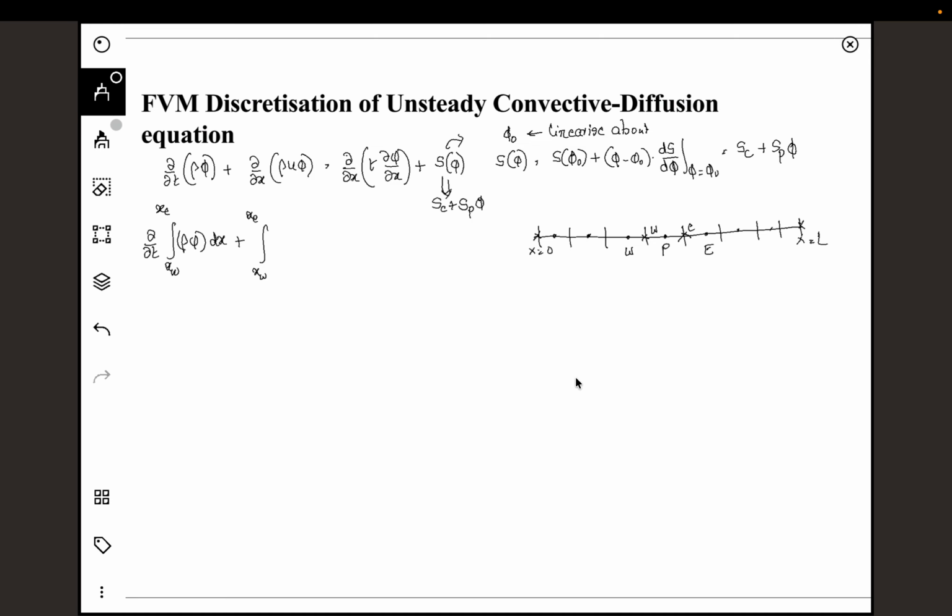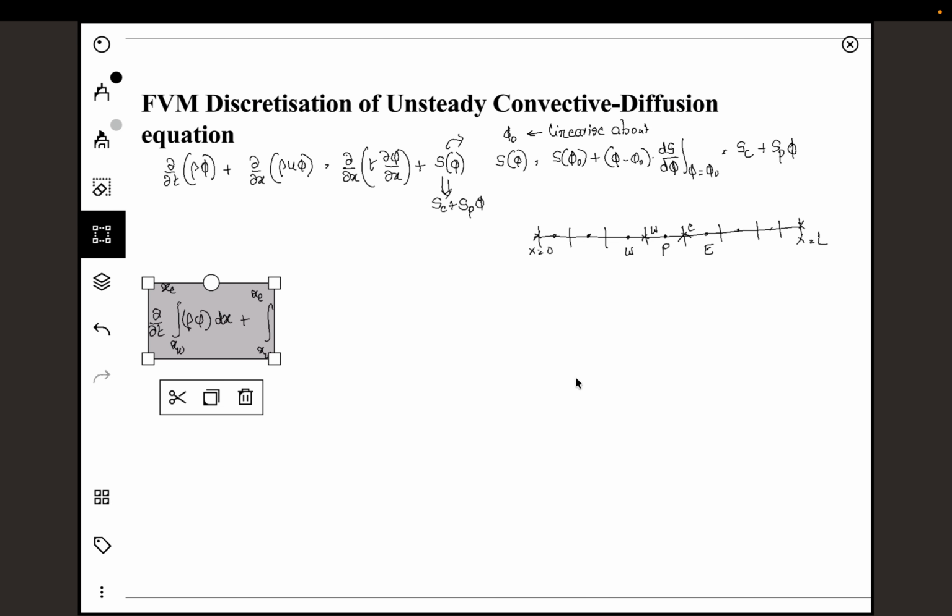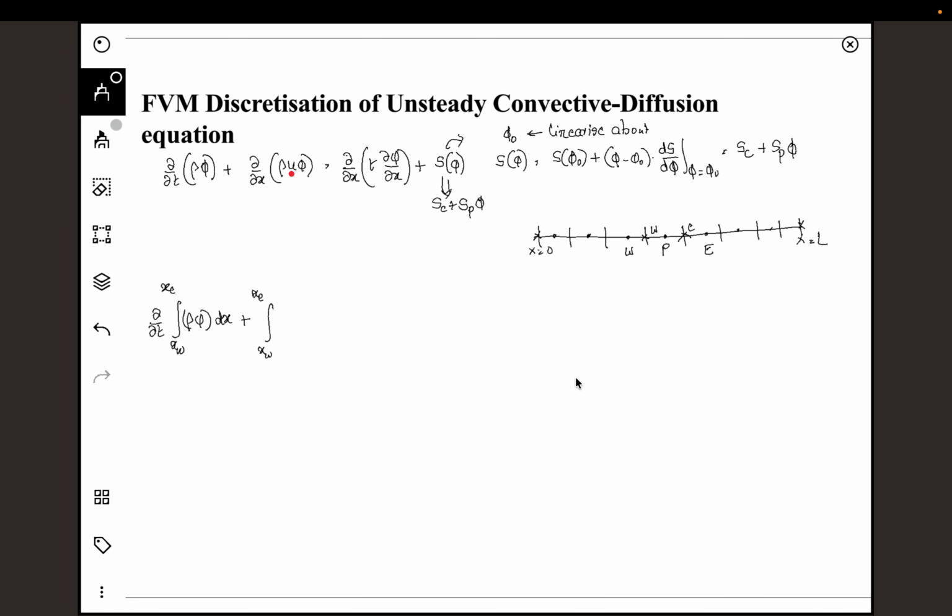Now we can do another substitution. I can take this to the LHS and write del x as one common term. So let us define J as rho u phi minus gamma del phi del x, which means I can replace this quantity with del J del x times dx, integrated over dx.